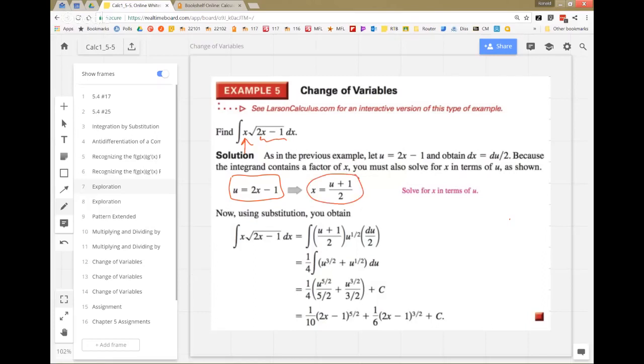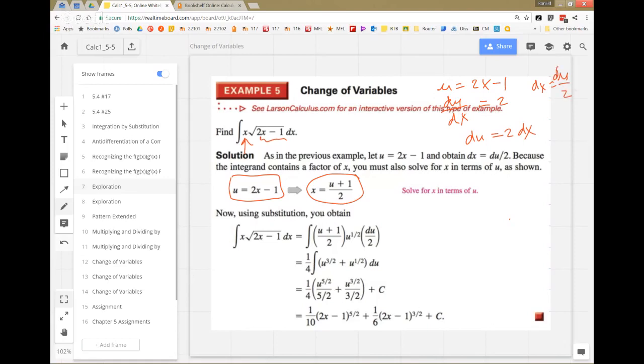Now, we don't have to do this over again, but u equals 2x minus 1. The derivative of u with respect to x is 2. And so du equals 2 dx, and dx equals du over 2.